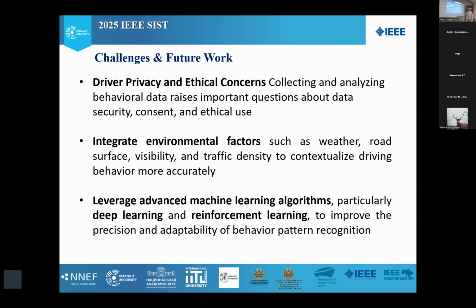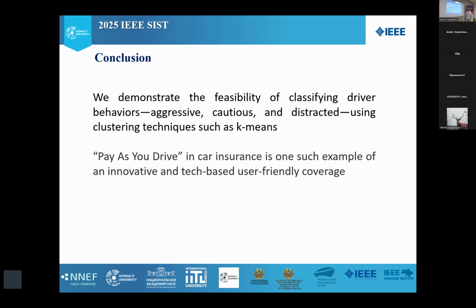We can also use another algorithm like deep learning because we have a lot of data. Finally, this demonstrates we can get groups of drivers and use it with insurance for pay as you drive as an offer for drivers.